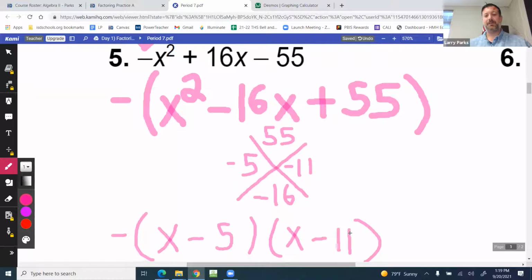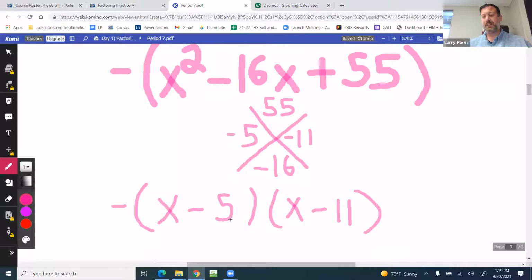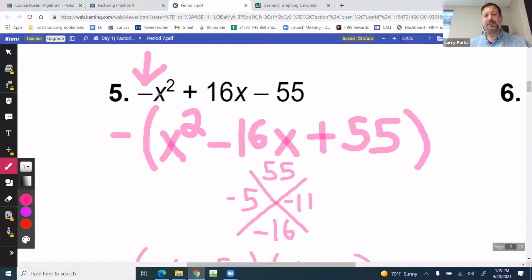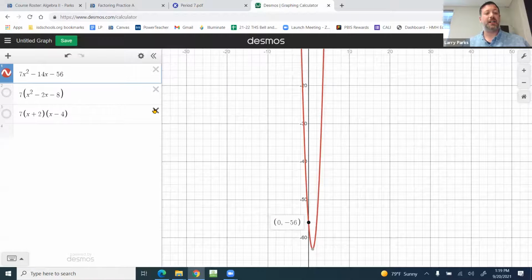Checking our work. If I type this in, and this in, I'll get the same thing. Now, how is this different? That negative, we talked about transformations. The negative is going to flip it over. So it's going to look like this, a U-shape upside down. It doesn't hurt to type it in. Negative x squared plus 16x minus 55.